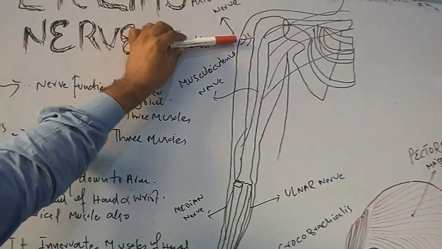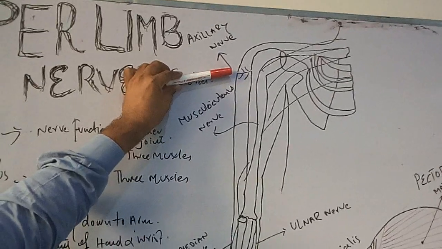First of all, if you look at this one, this is called the axillary nerve.